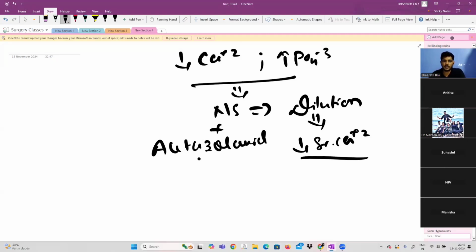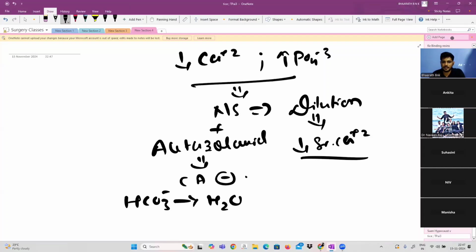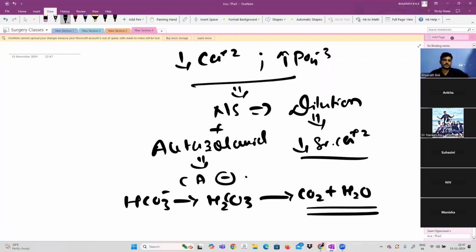Acetazolamide is a carbonic anhydrase inhibitor, right? So which will convert all this bicarbonate into carbonic acid. Carbonic acid's conversion into carbon dioxide plus water. So this entire reaction is both ways, right? So this can happen in both ways, managed by the carbonic anhydrase.